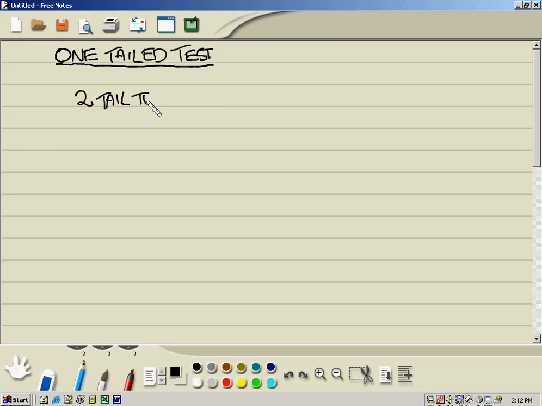Two-tailed tests involving z. The null hypothesis will contain the equal sign, and the alternate will have the not equal sign.